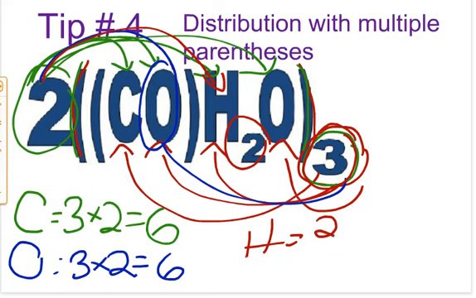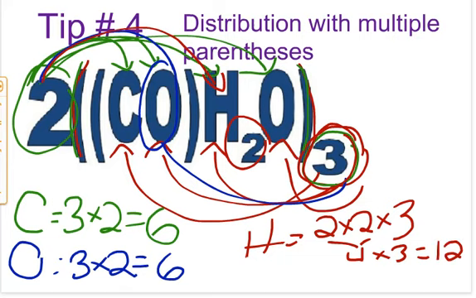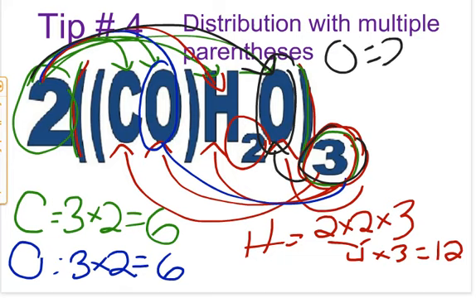So it's 2 times 2 times 3. 2 times 2 is 4. 4 times 3 equals 12. Last one, oxygen. Oxygen is just like the others. We've got the 2, we've got the 3. Oxygen is 2 times 3, which is 6.